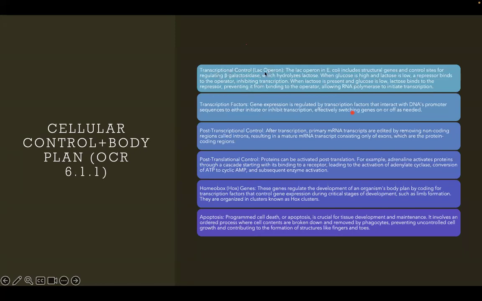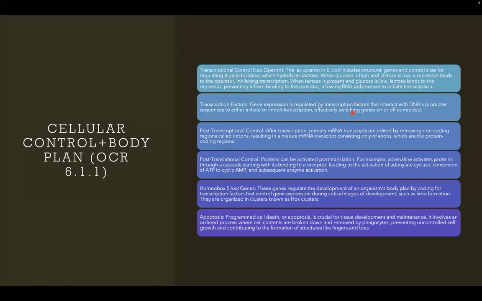The transcriptional control of the lac operon is an OCR example of how gene regulation can occur. That's for you guys to read in your own time, but I just want you to be aware that it's actually quite common for them to ask you questions on the lac operon, so you do need to be aware of it when you refer to body plan and cellular control.